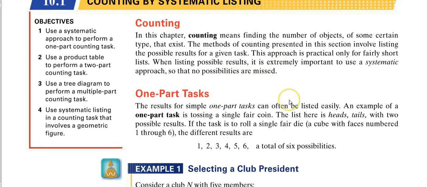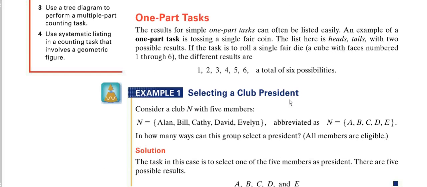So this leads into counting, finding the number of objects that you could possibly get. A simple example of this would be in coins. You have a head on one side and a tail on the other. So if you just had one coin, you have 2 possibilities, a head and a tail. And then later in our course, we're going to deal with what we call probability, but not quite yet.